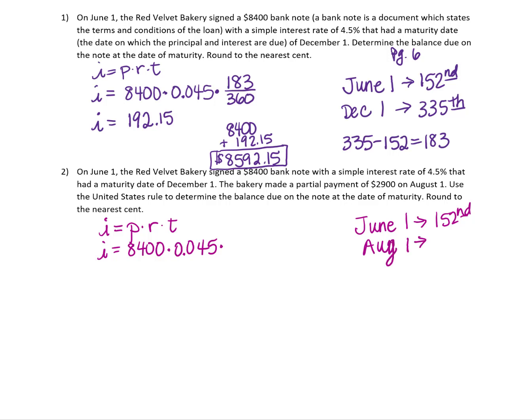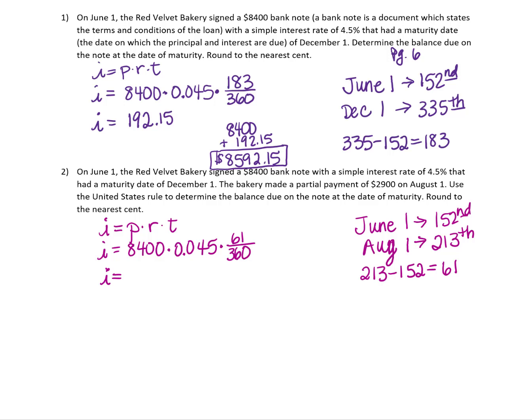August 1st is the 213rd day. So we subtract these to find the total number of days until the partial payment was made. We get 61. Following the banker's rule, this is 61 out of 360 days.